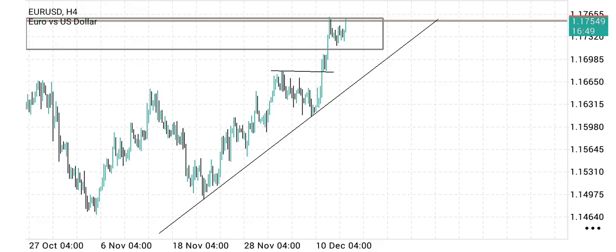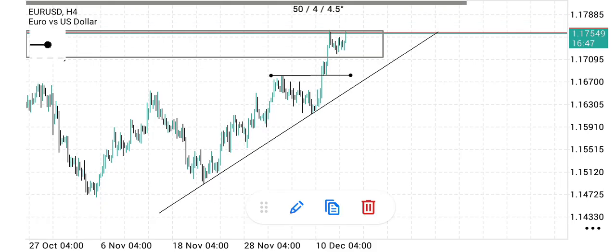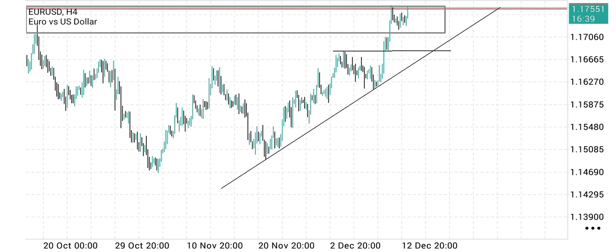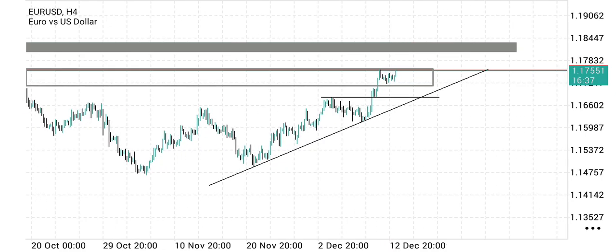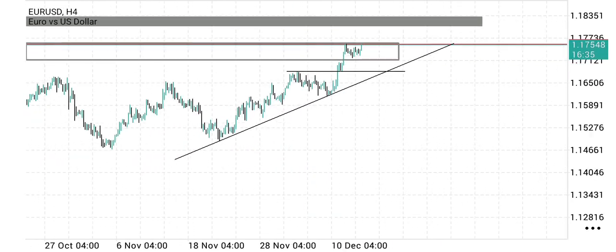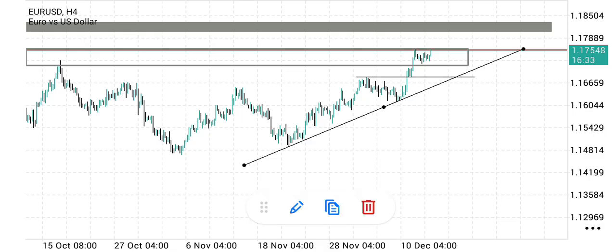So I like to play with bigger time frames because I know that the overall direction is bullish, we're making higher highs, higher lows. So I'm gonna just do like this. Let me just create another channel. So it is something more like this.